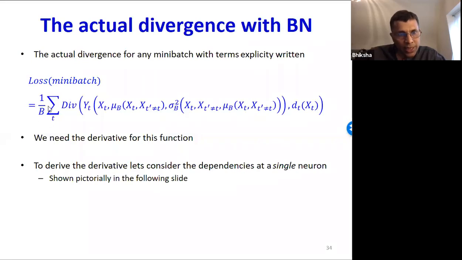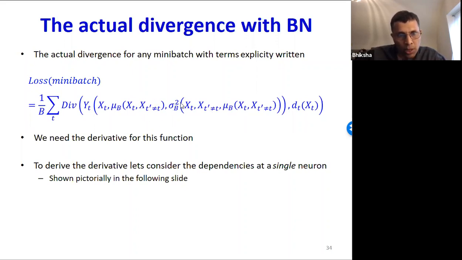The mini batch loss is again the average of divergences. The divergence for any training instance is a function of the output of the network for that input and the corresponding desired output. And the output of the network in response to any input is a function of the input, the mini batch mean, and the mini batch variance. And the mini batch mean is a function of both the current input and the remaining inputs within the mini batch.